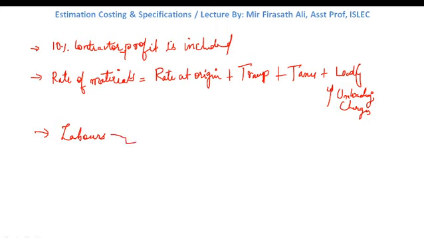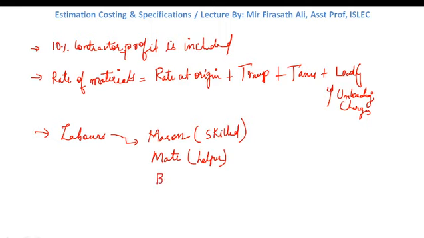One is the mason, who is the head and a skilled person. Another is the mate, who is a helper. Then there is the beldar, who is an unskilled mason.